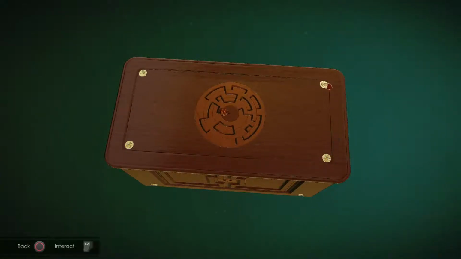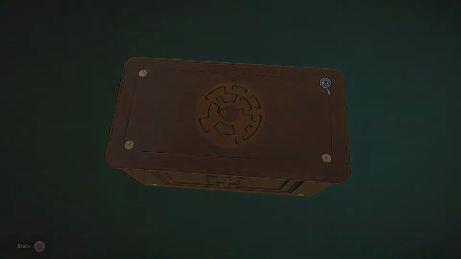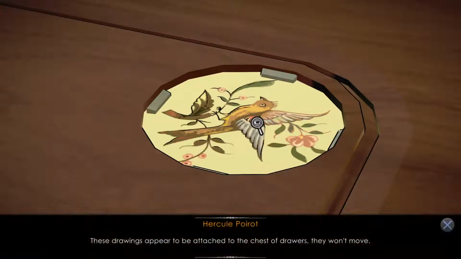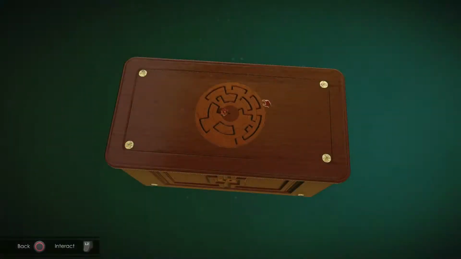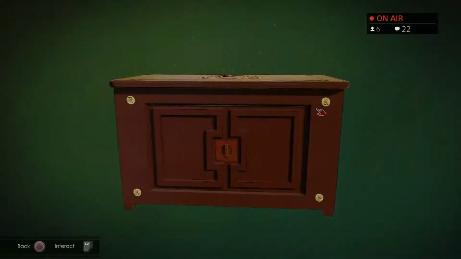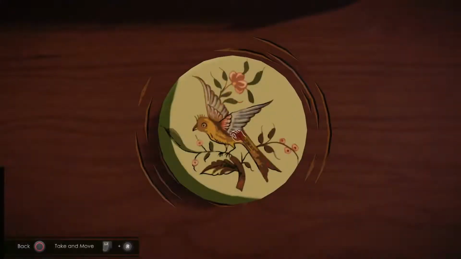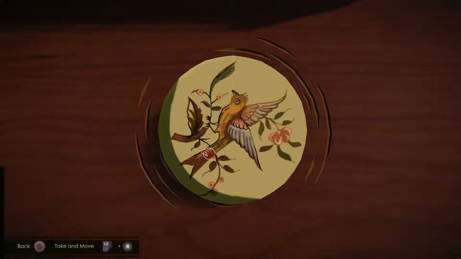Okay, so let's have a look at this one. So the tail is going to the bottom left. These drawings appear to be... Like that.